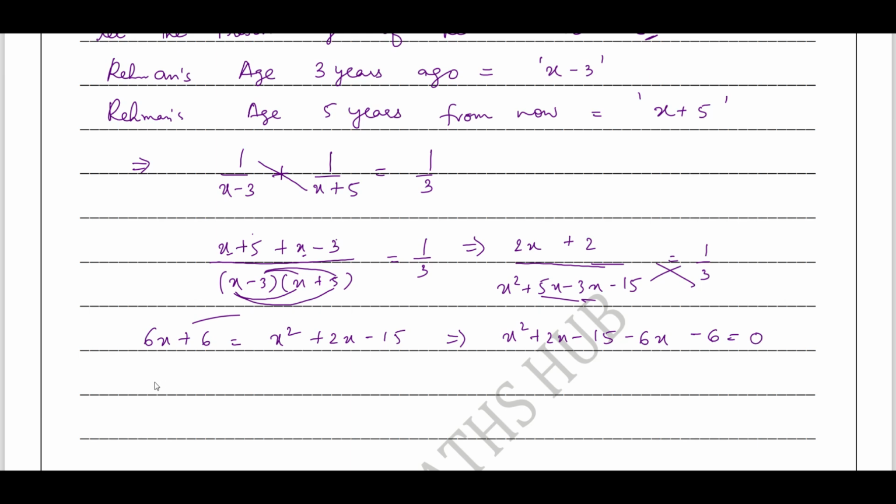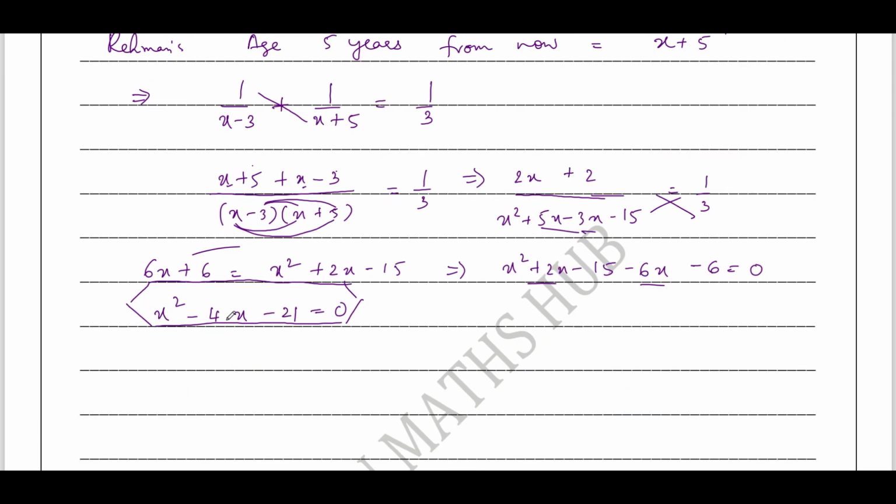Now x square plus 2x minus 6x is minus 4x, minus 15 minus 6 is minus 21 equals 0. This is the required quadratic equation. This quadratic equation can be solved by using quadratic formula or by factorization method to get the answer.